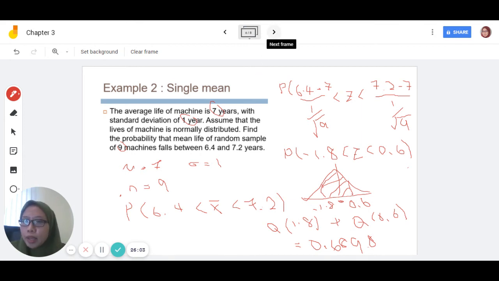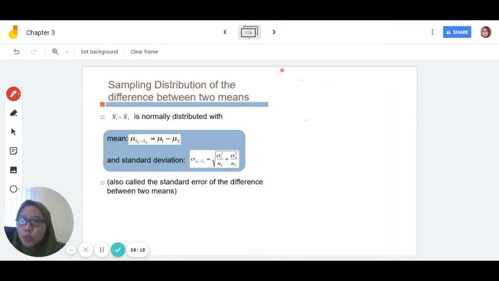Single mean means you have one population and you extract one sample out of the population. Next is the sampling distribution of the difference between two means. At this point you have two populations.